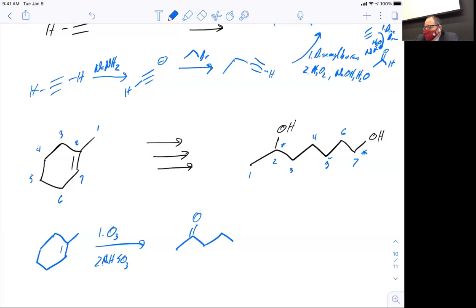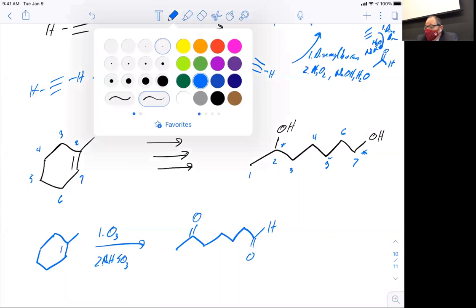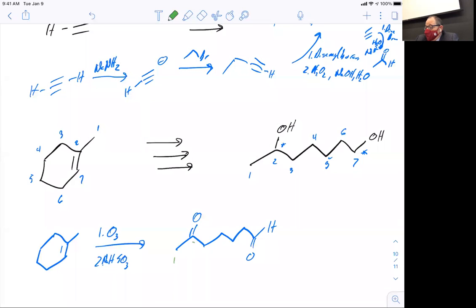That gives us the ketone and the aldehyde. Okay, so that gives us our main carbon change. Again, if we look at our numbers, 1, 2, 3, 4, 5, 6, 7, we have our ketone and our aldehyde in the 2 and the 7 position.